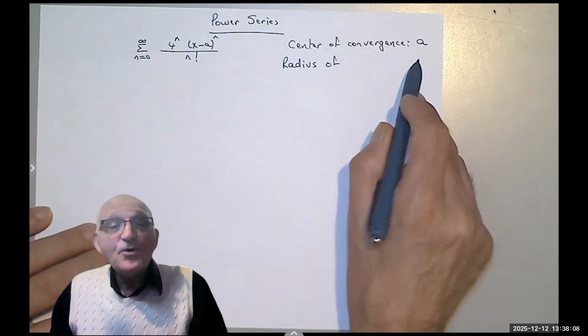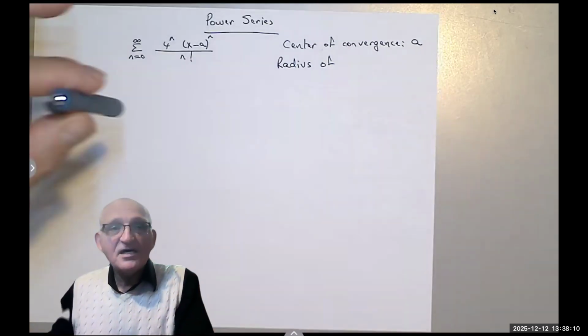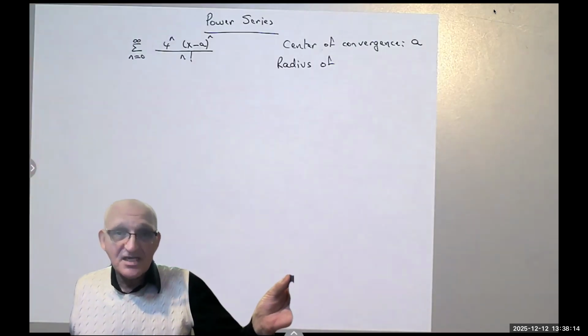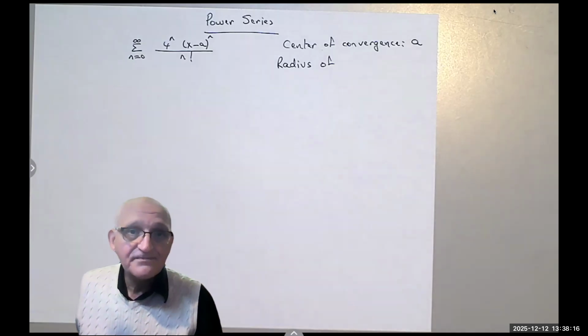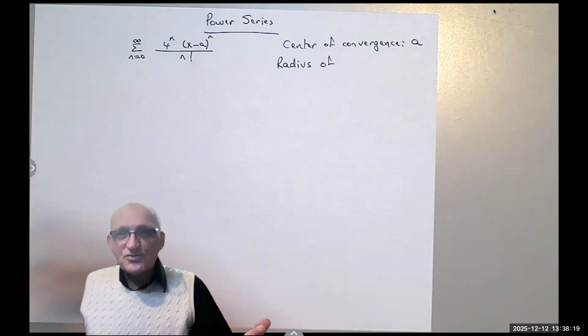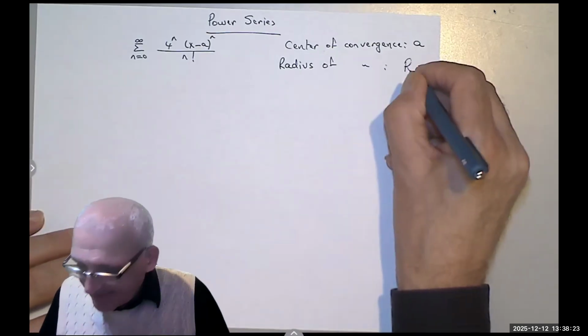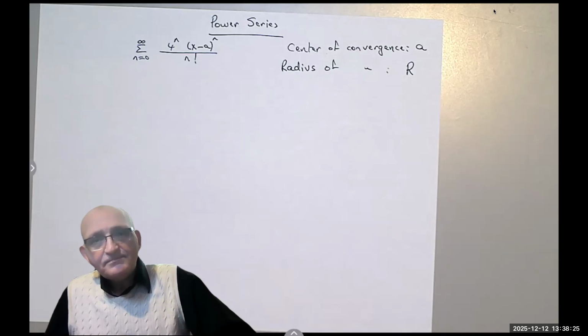Notice that the point a would always be the middle of the two ends of the convergence interval, if it exists, right? It's like you draw a circle. That's why we call it radius of convergence. And we are going to call that R. We'll see how we find R.